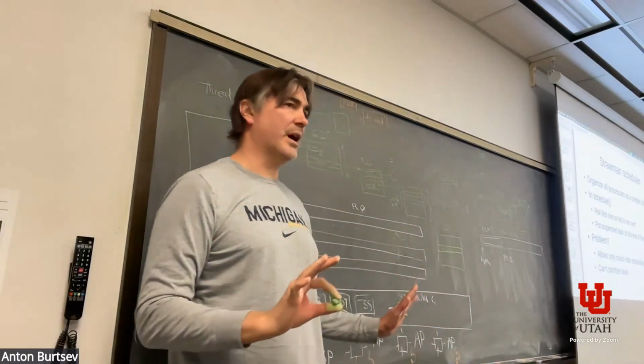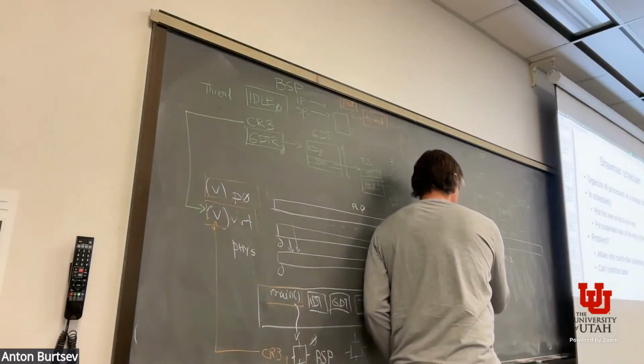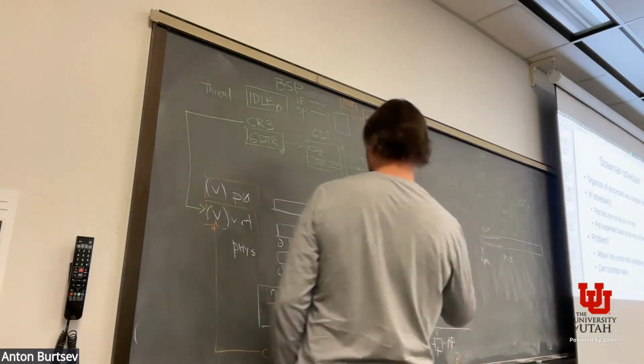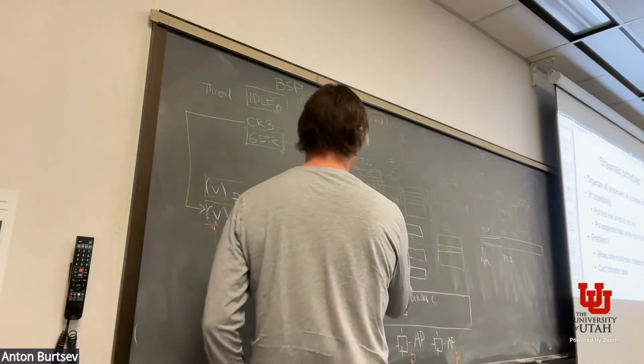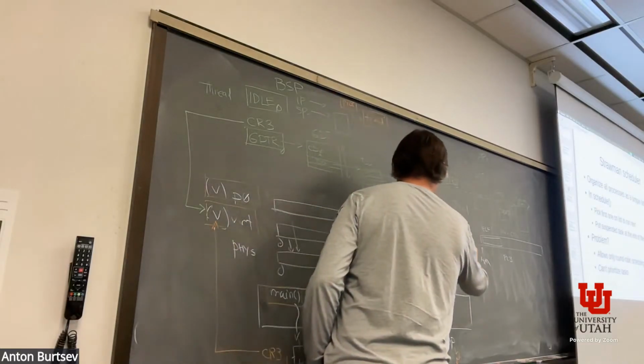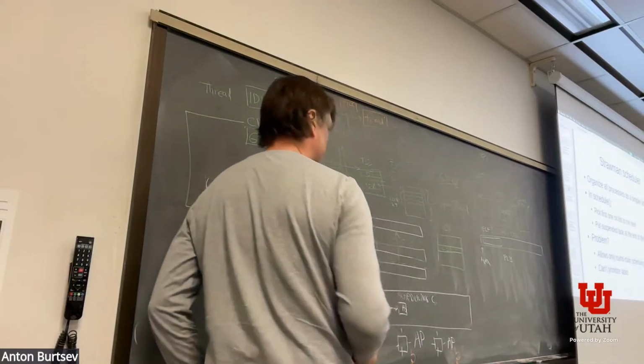It will be just a number, the same number on all of them, right? And the handler itself is an entry point, a virtual address, so it will be pointing somewhere here in the kernel virtual address space.